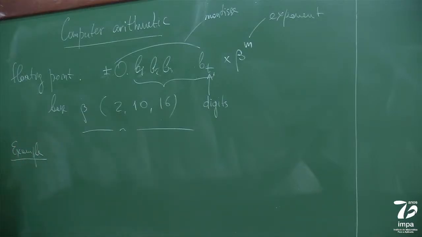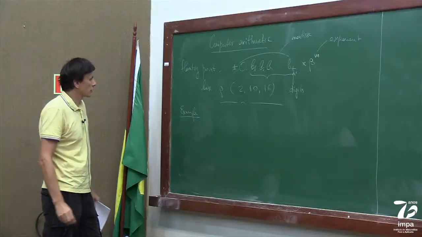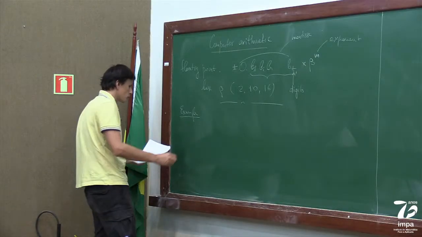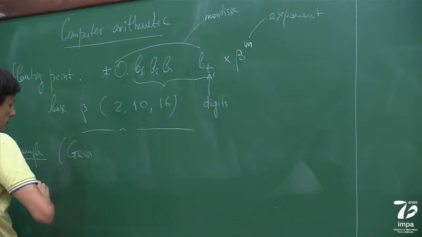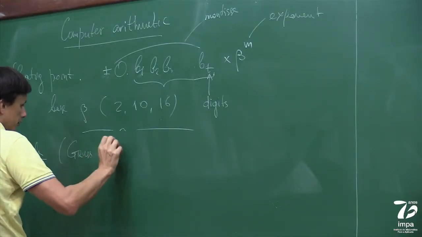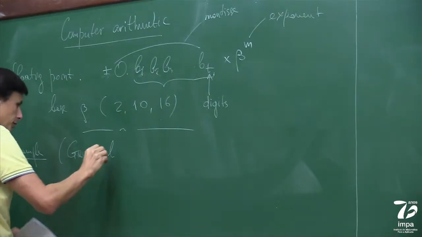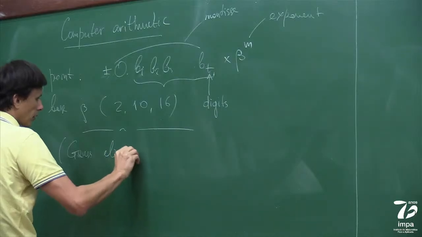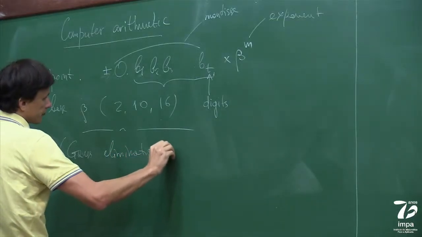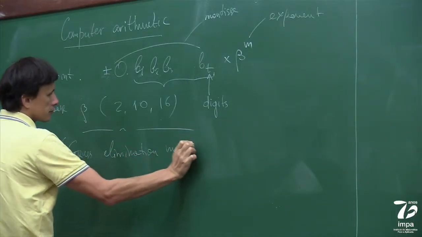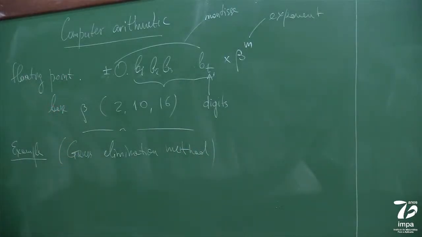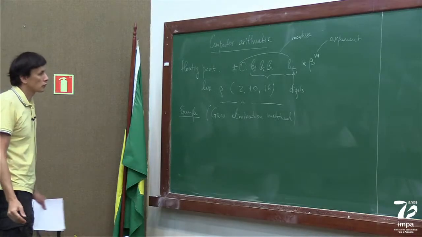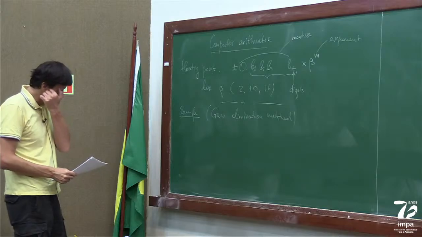This example has to do with the Gauss elimination method that we were talking about from the very beginning, which is a simple method of solving linear equations.